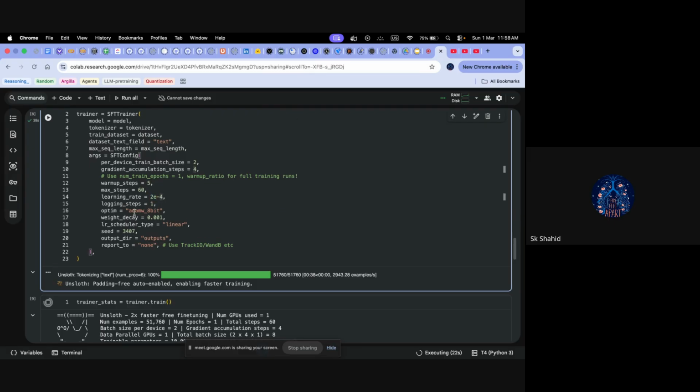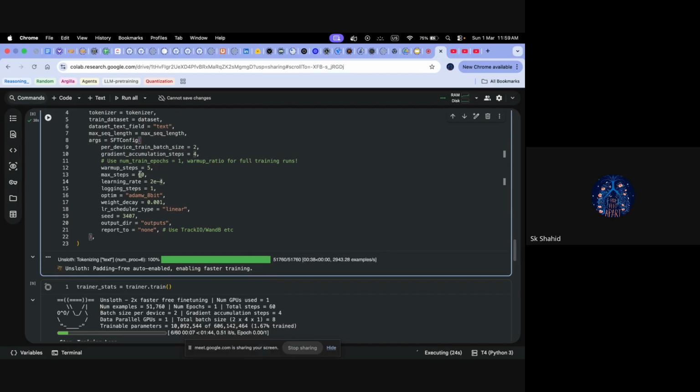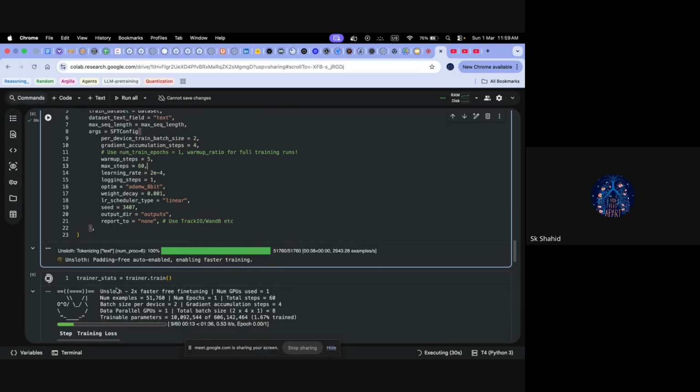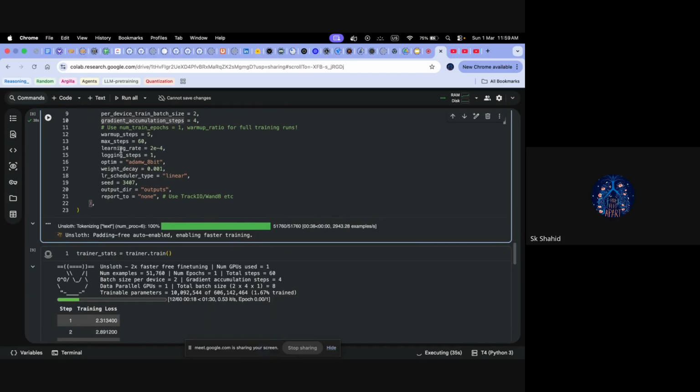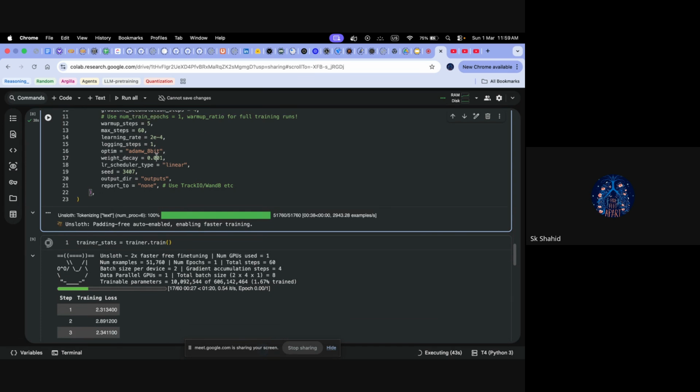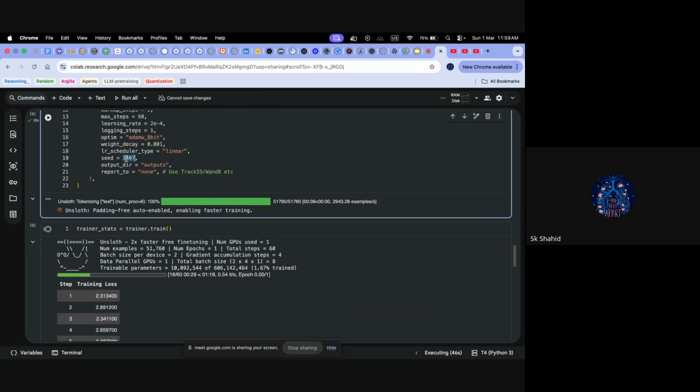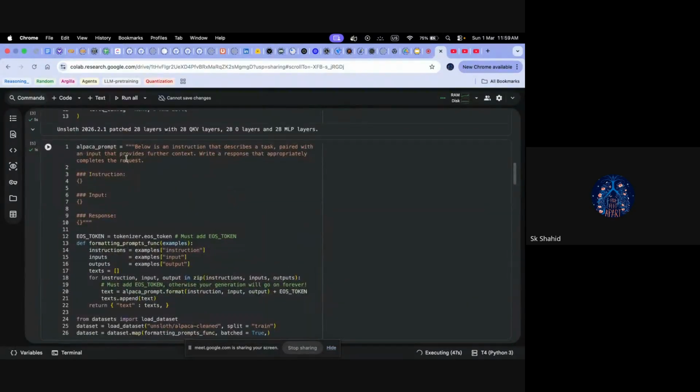It's more technical. I'll give you an overview later. Maximum steps is 60. So even if it's 100 epochs, we are cutting it off after 60 steps. Logging steps is 1. After each step, it will log the loss. For optimization, we are using the AdamW 8-bit optimizer. Weight decay is 0.1 and the seed is 3407, what we earlier had.